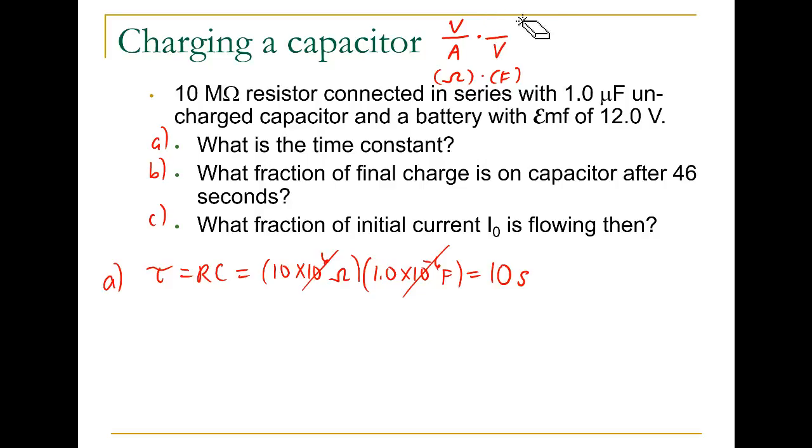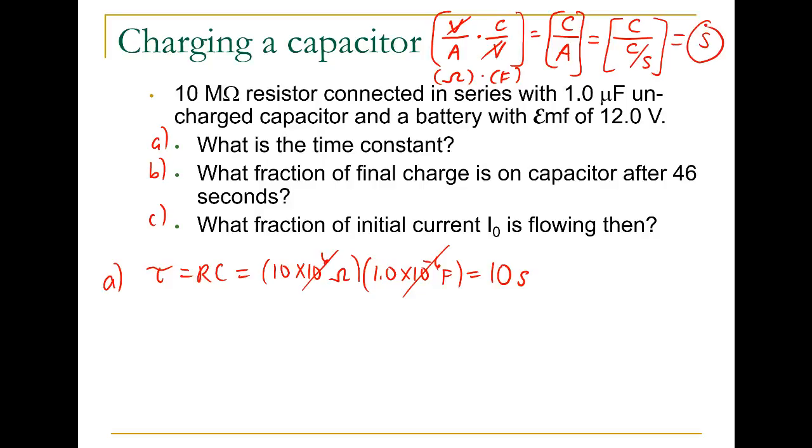So that's coulombs. So this is all units that I'm doing up here. The volts cancel, and I get coulombs per amps. But remember what an amp is. An amp is a measure of charge per second. So it's coulombs per second. And lo and behold, seconds is the unit of the time constant. That's just crazy.